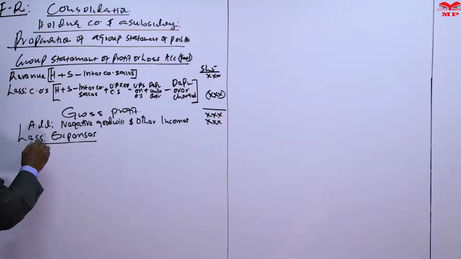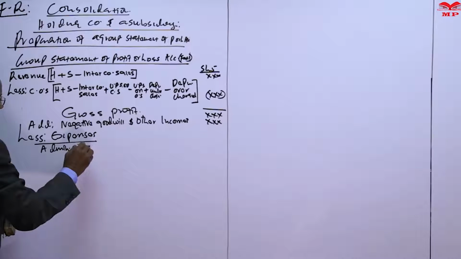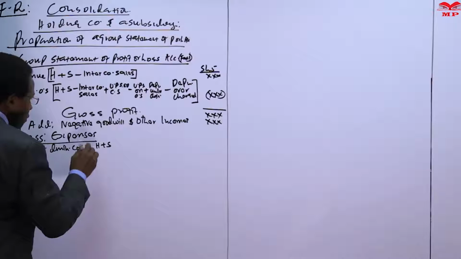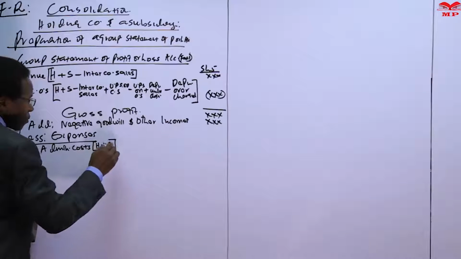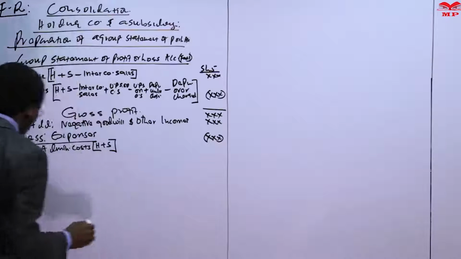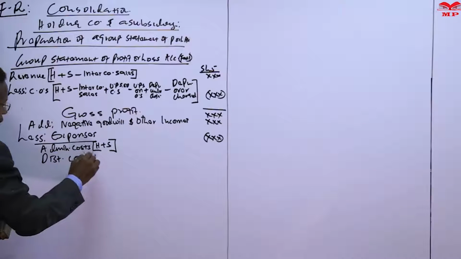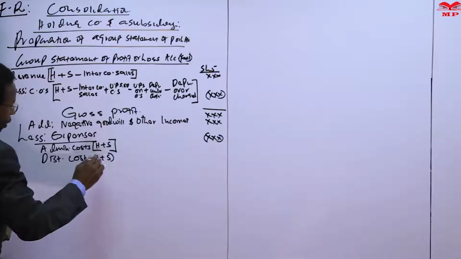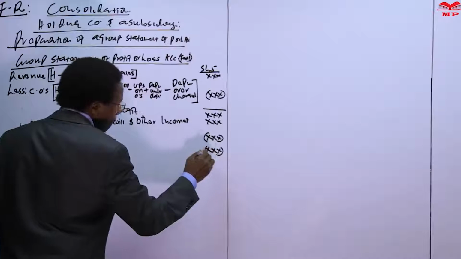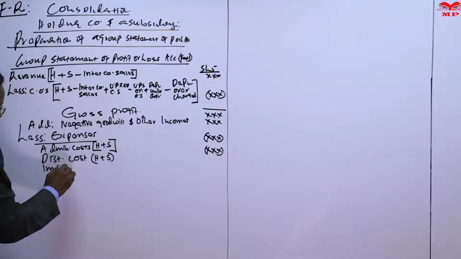One of the expenses may be admin costs. Take the one for the holding company plus the one for the subsidiary. Then you have the distribution costs. You take the one for the holding company and the one for the subsidiary. Then you have the impairment loss.